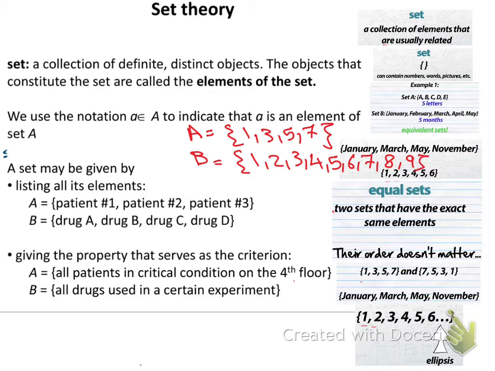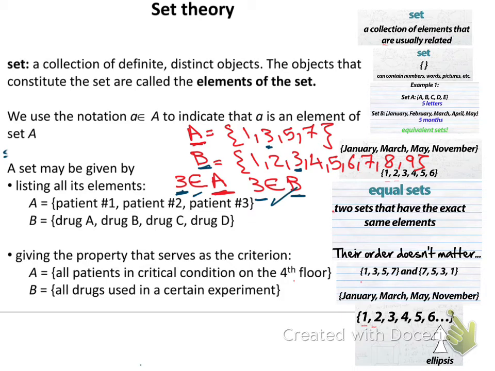So in this case, I can say that 3 is an element of or belongs to A. Is it right? Yes, I go to set A and search inside it. Do I have an element which is 3? Yes, so this is right. If I say 3 belongs to B or is an element of B, is it right? Yes, because this is the set B and the 3 is in it, so it is right.